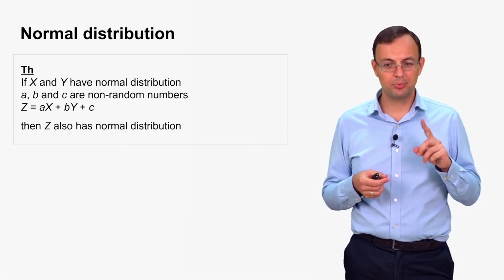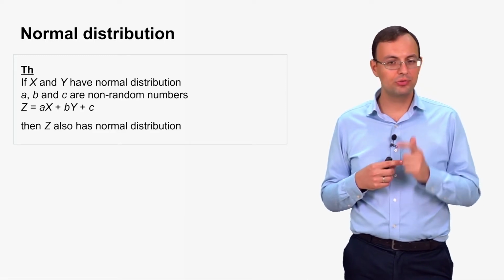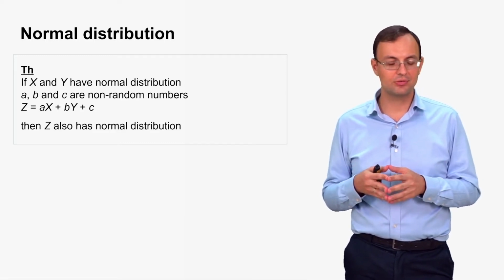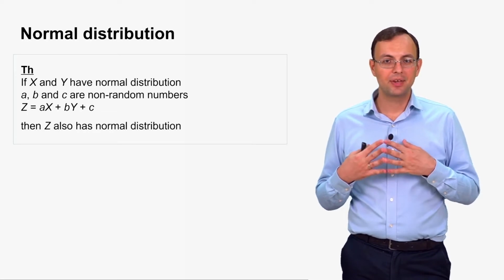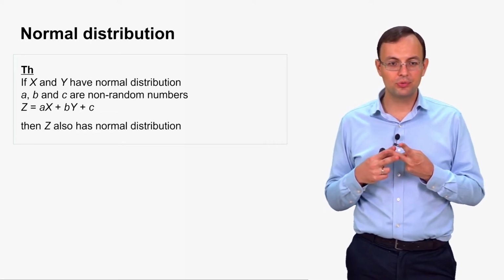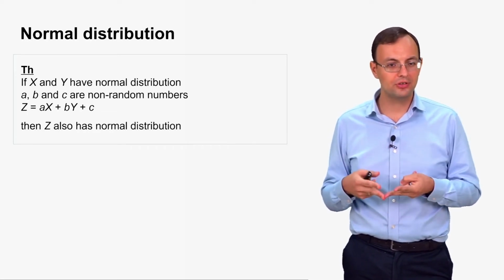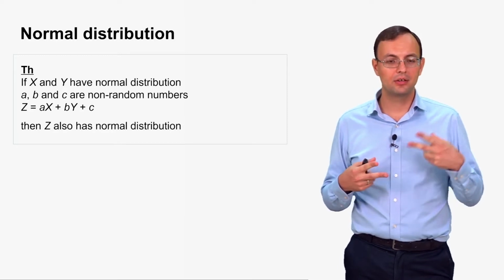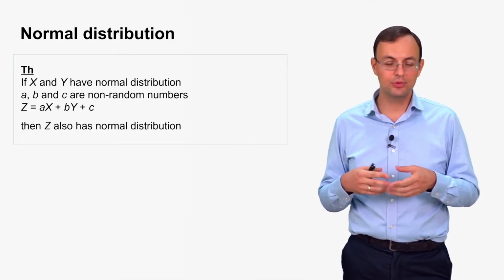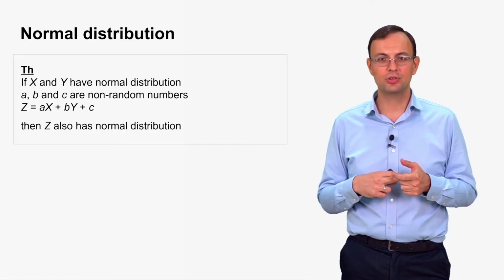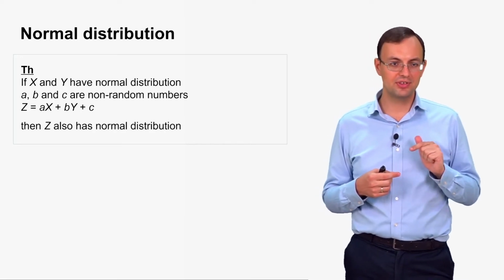This is an important theorem. It is not true for other distributions we discussed today. For example, a linear function of two uniformly distributed or of two exponentially distributed random variables won't have uniform or exponential distribution, but for normal distribution this is true.